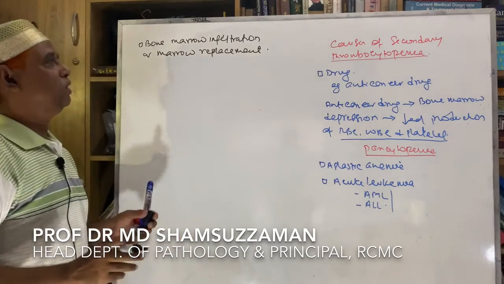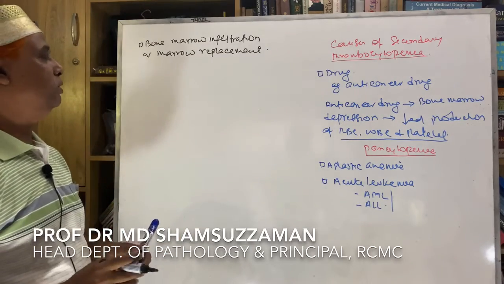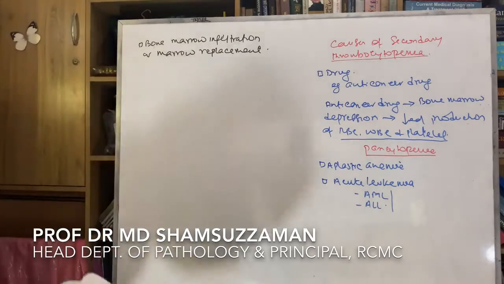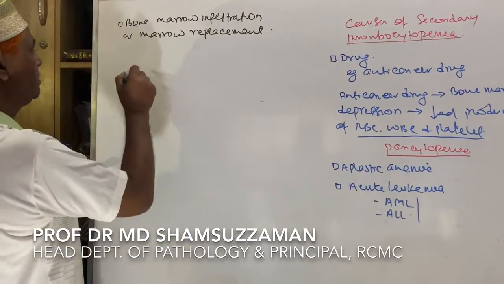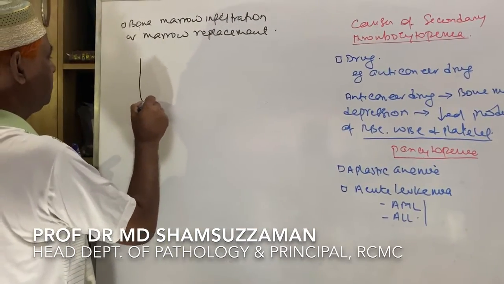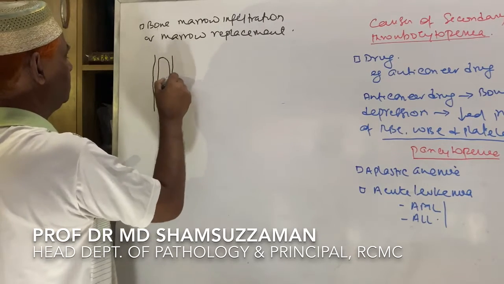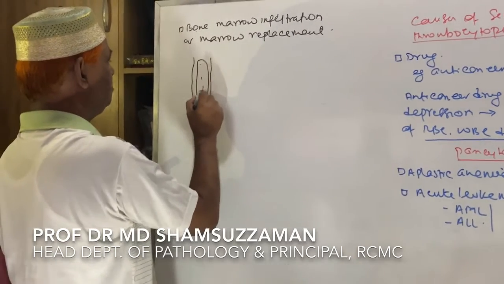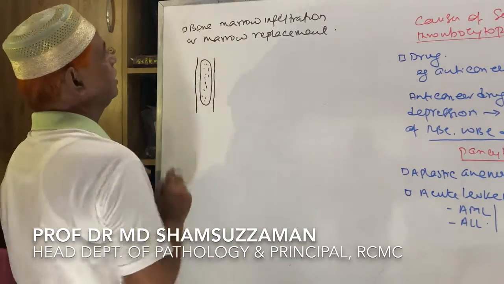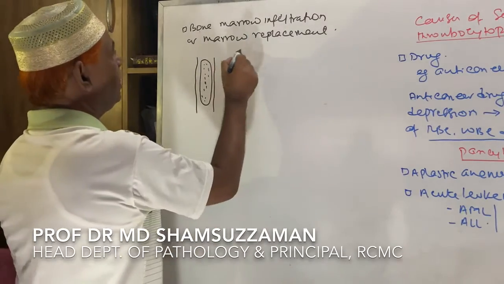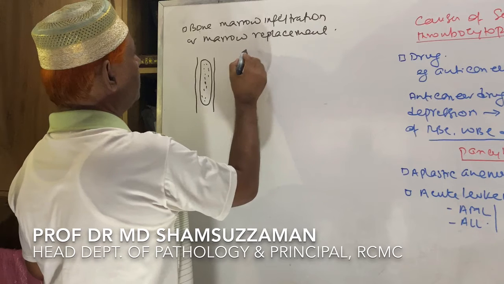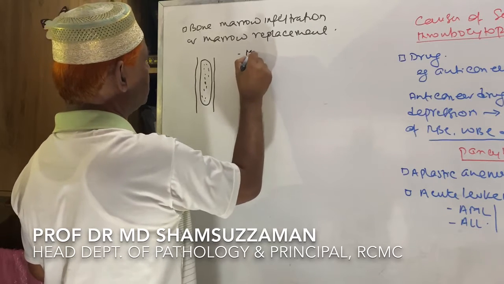What are the causes of marrow infiltration or marrow replacement? Dear audience, if this is the medullary cavity, and if this is the bone cortical part and this is the marrow, one of the causes of infiltration or marrow replacement is myelofibrosis.